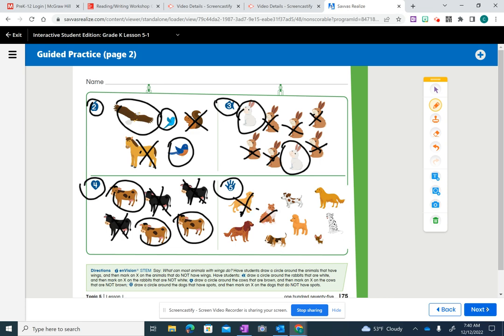This looks like Lassie. We're going to X Lassie out. Oh, this little guy has spots. No spots. This guy has a spot. This guy has a spot. No spots. This little guy has no spots that we can see, and the Dalmatian has spots. So 1, 2, 3, 4 of the animals had spots, and 1, 2, 3, 4, and 5 of the animals did not.